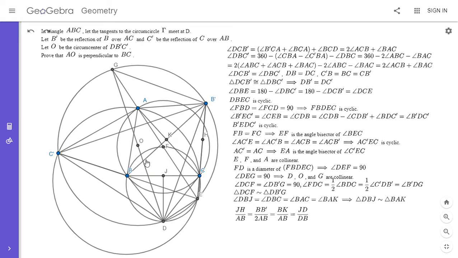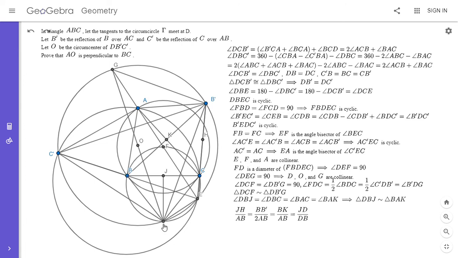So this is BK over AB. And then using this similar triangle right here, that's the same as JD over DB. So we have that JH over AB is equal to JD over DB. So that means that the ratio of corresponding sides in these two triangles is the same, DJH and DBA.